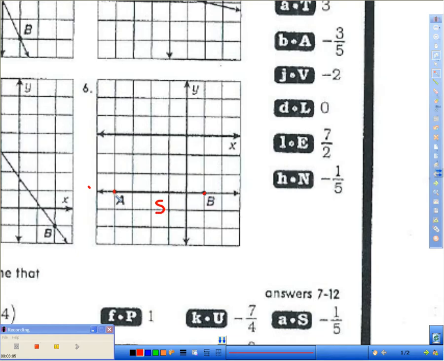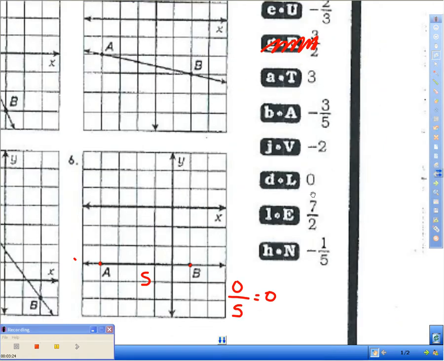There's not a rise because I'm just going straight over to the right, so there is no rise. So if we wrote that as a ratio or a fraction, I would write that our rise is 0, so our rise over our run would be 0 over 5. Well, 0 divided by 5 is 0, so I want to find 0 up here at the top and scratch it out. Well, DL is 0, so I want to scratch that out.